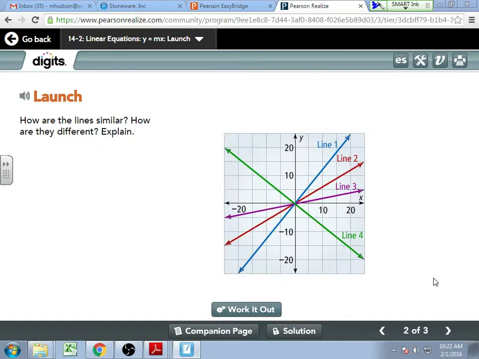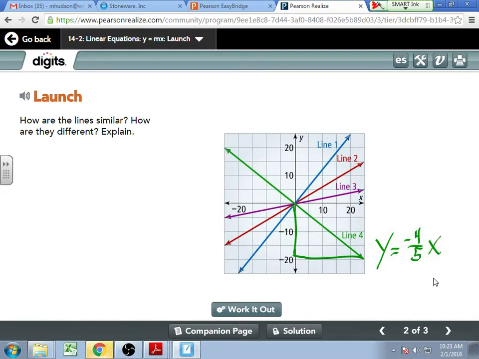Now, if you want to be able to reference back to this page, I'm going to quickly tell you what each of these slopes are. The green slope here, if we do rise over run, is -4/5.